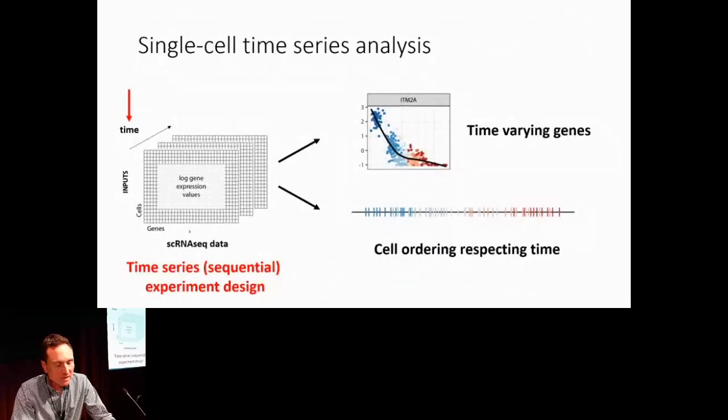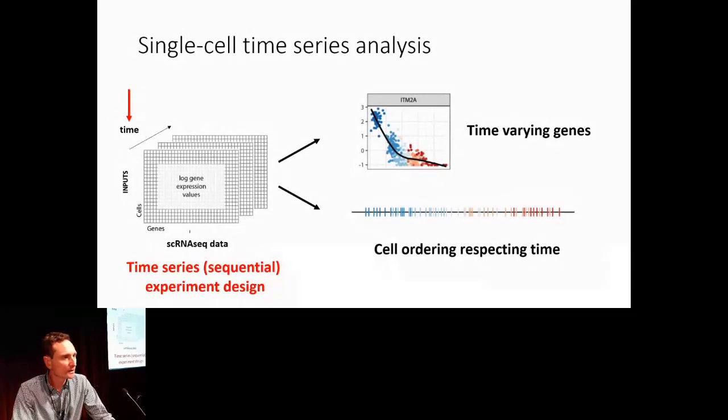And in this vein, another development was the upcoming of experimental studies that had a sequential experimental design. And most naturally, these types of studies are time series studies, where one tries to follow a biological process that expands over longer periods of time in a time series setup.